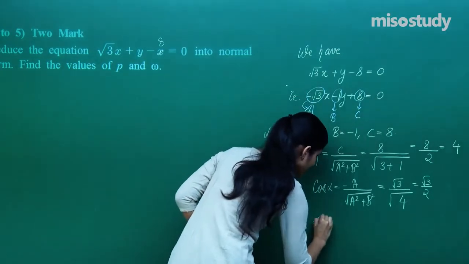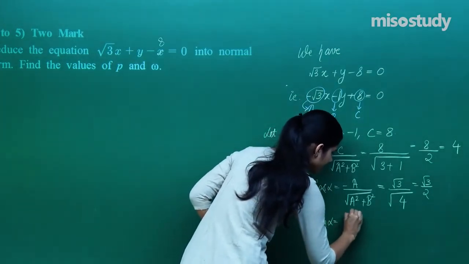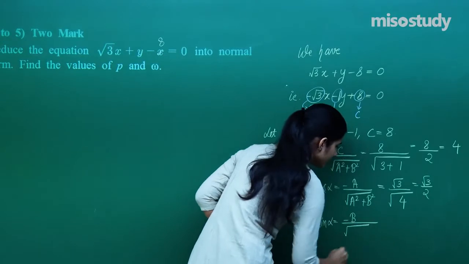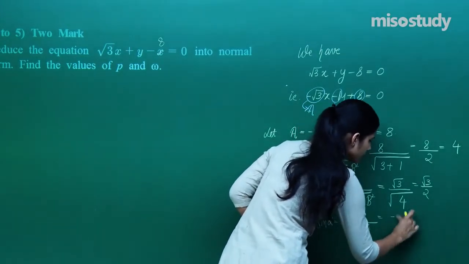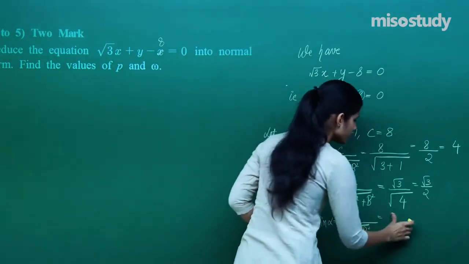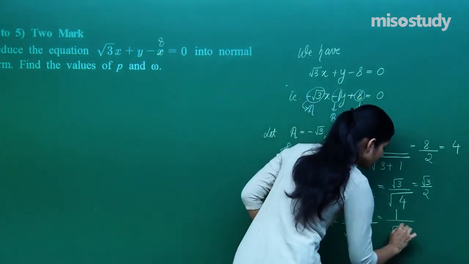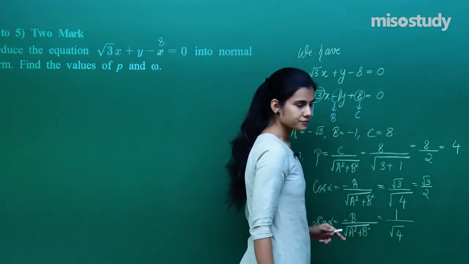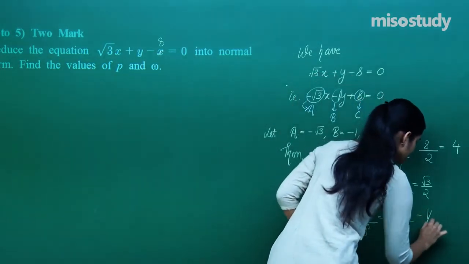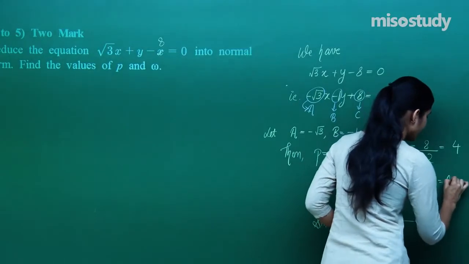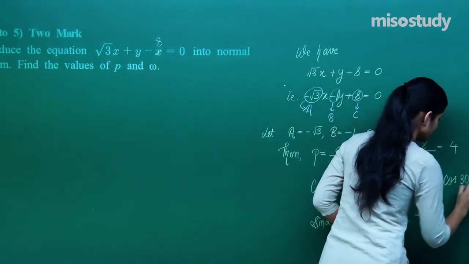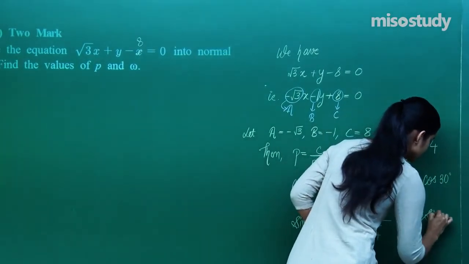And talking about sin alpha, it is minus b upon under root a square plus b square. So, it is minus b, b is minus 1, so minus of minus 1 is 1 upon under root 4, that is 1 by 2. Write it in the form of cos alpha and sin alpha. I can write this as cos 30, I can write this as sin 30.